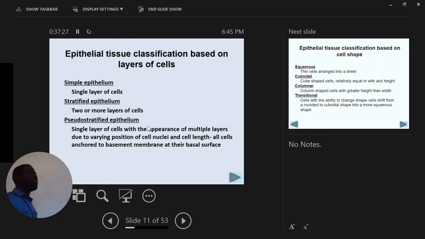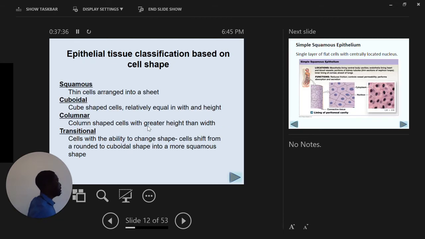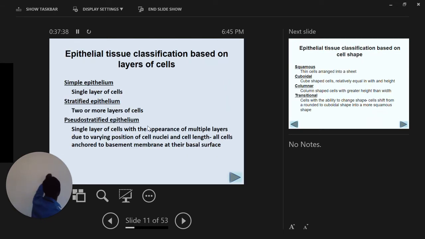Now, classification of epithelial tissues. Epithelial tissues can be classified on two bases. The first is based on layers.